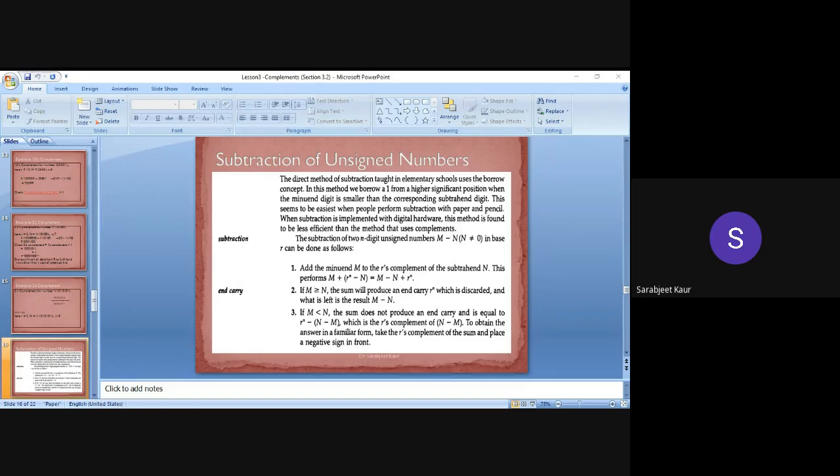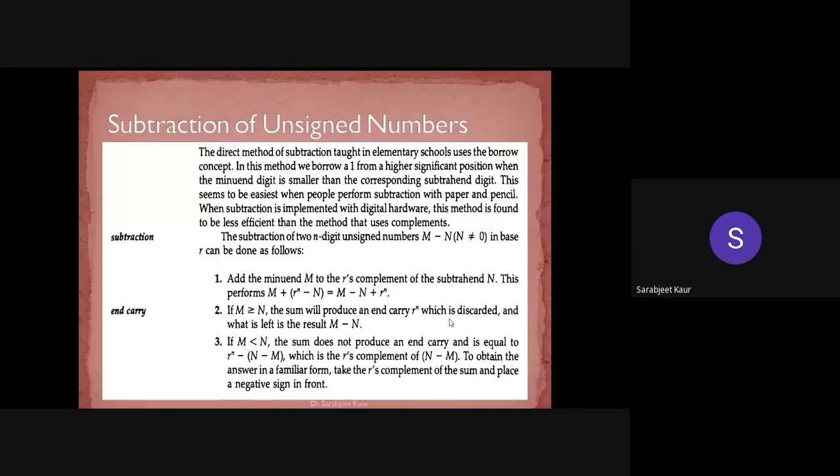So what happens when this number m is less than n? In that case, the sum we get of m plus r's complement of n will never produce an end carry. And that will be a signal for us to understand whether m was greater than n or m was less than or equal to n.